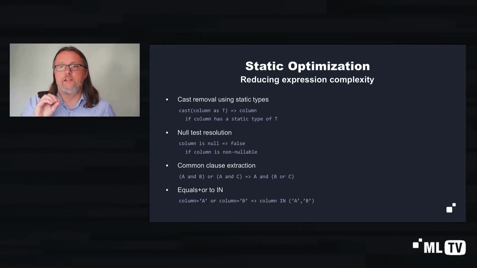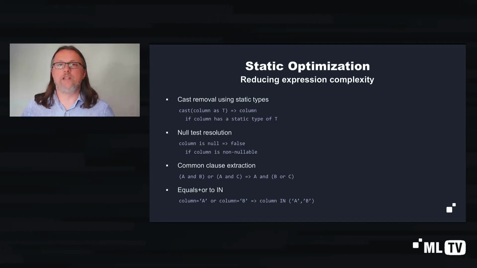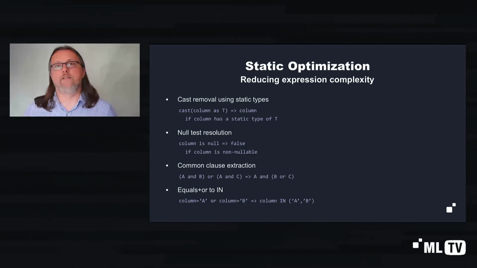So this optimization aims to put clauses at the top level connected with an and, so that we can split at least one of those clauses out and potentially push that down to indexes.